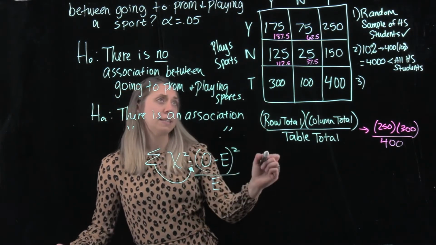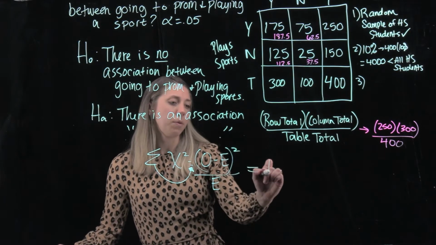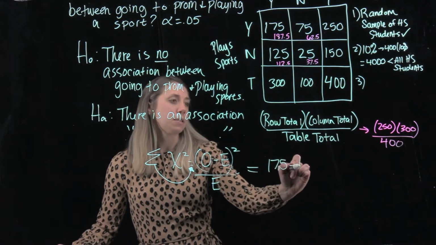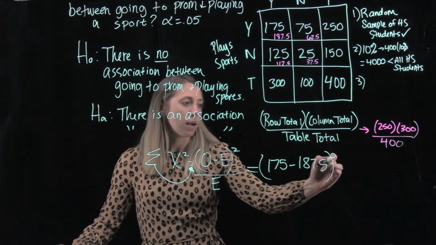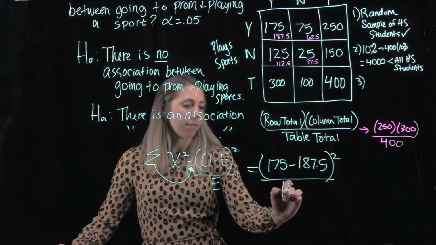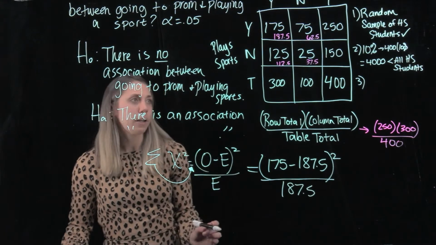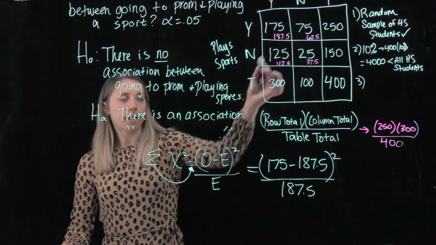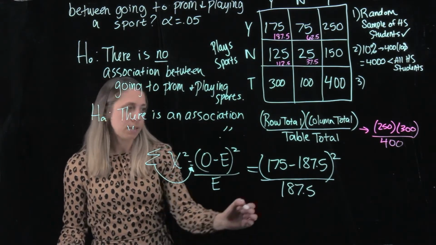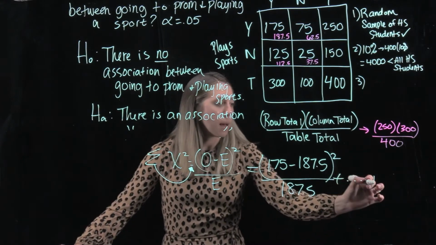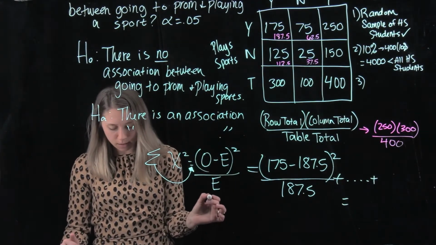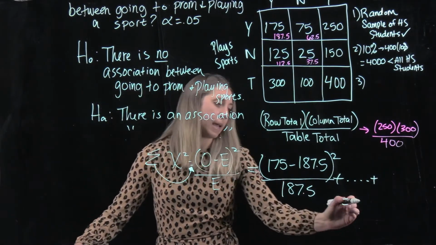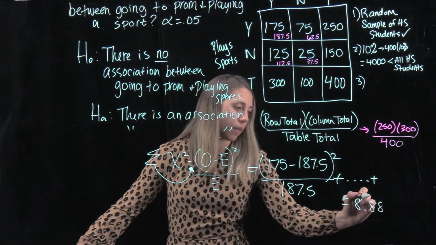For example, your one observed would be 175 minus 187.5, squared, divided by 187.5, and you would do that for each value in those 4 boxes. You would add all of those up, and you end up getting a chi-squared test statistic of 8.88 repeating.